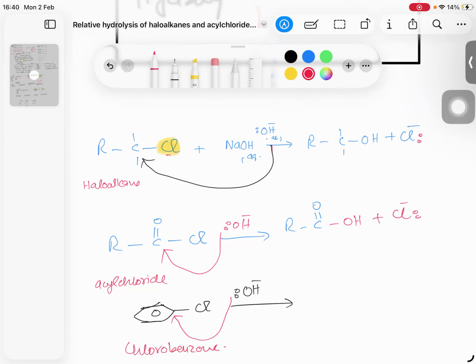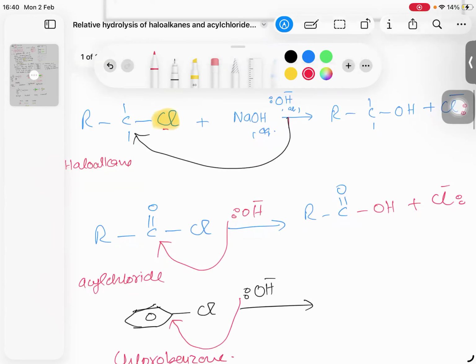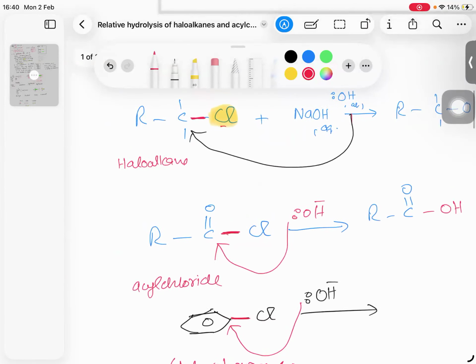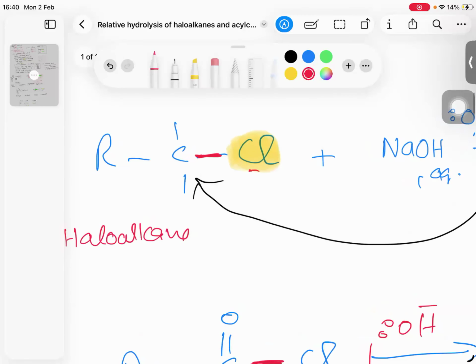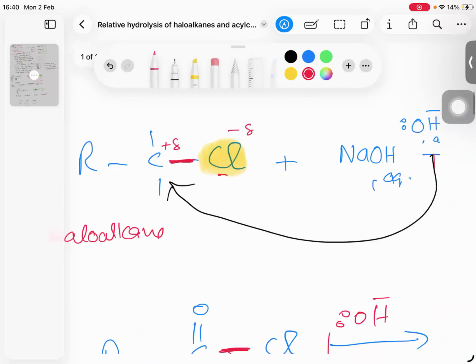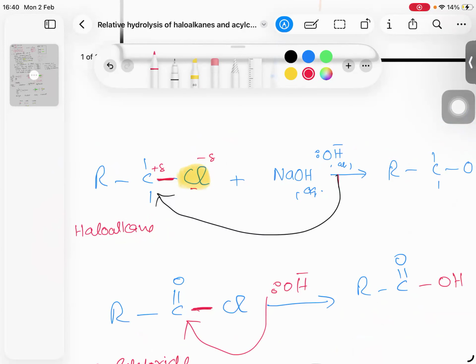Now, obviously, if it is coming to substitute, the strength of this bond matters. Which bond? C-Cl, C-Cl and C-Cl. If I start with haloalkane, this is partial negative, this is partial positive. This C-Cl bond is of normal strength. The OH comes in and substitutes this Cl when you heat it.